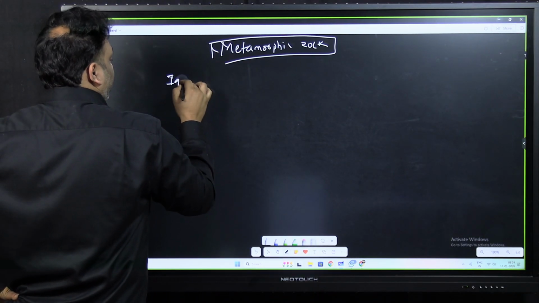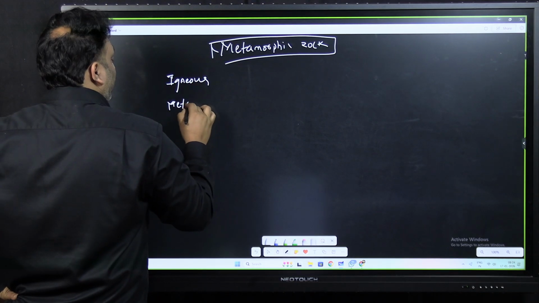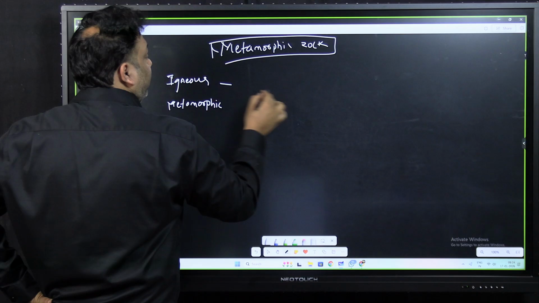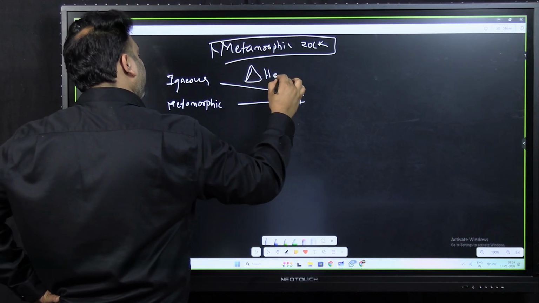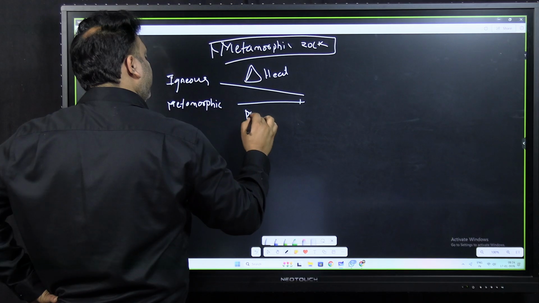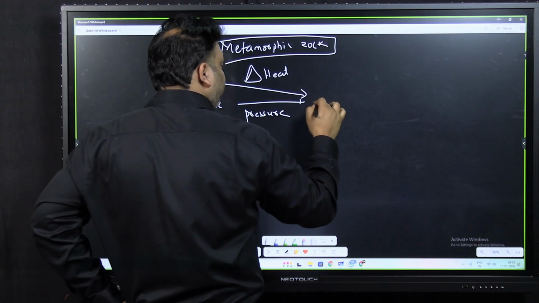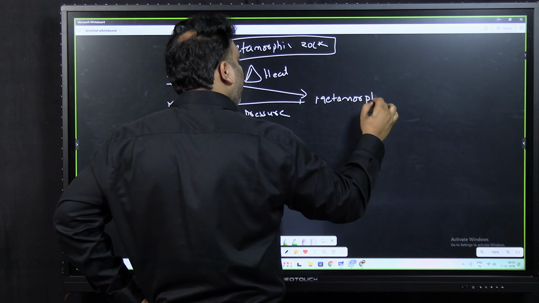So any igneous or sedimentary rock, if heat and pressure is applied, either heat or immense pressure, then it becomes metamorphic rock.